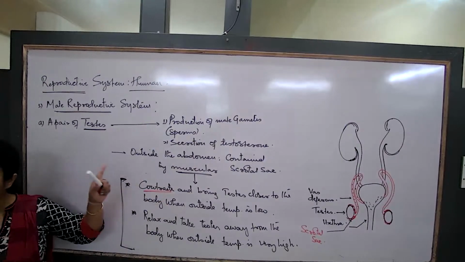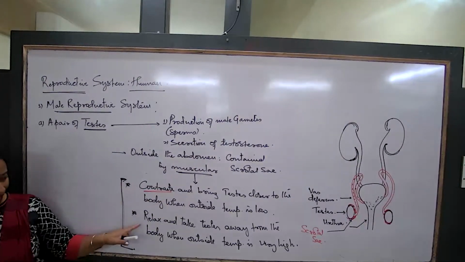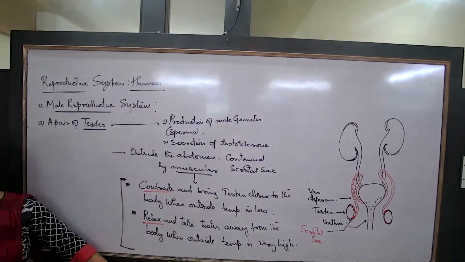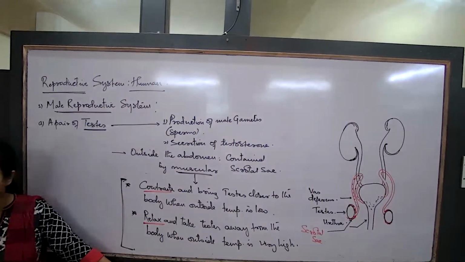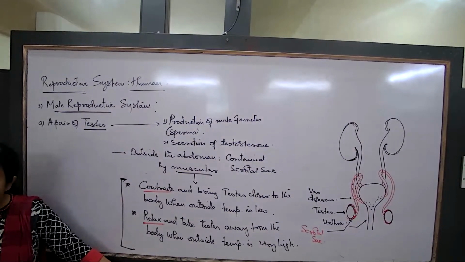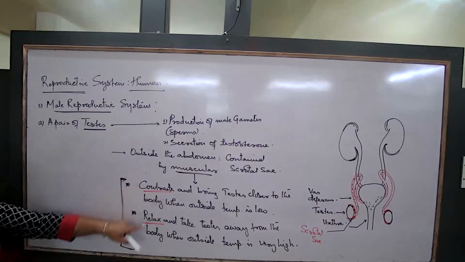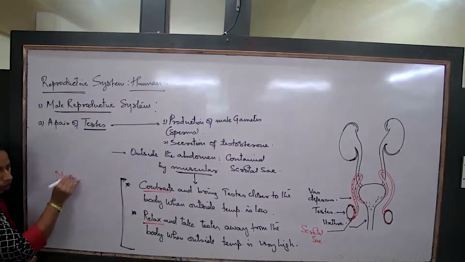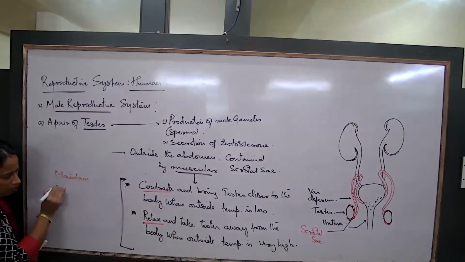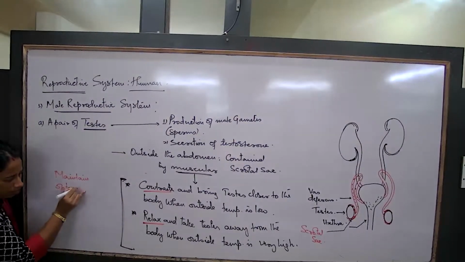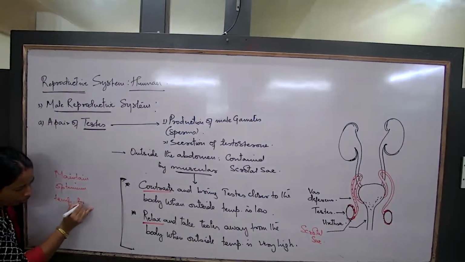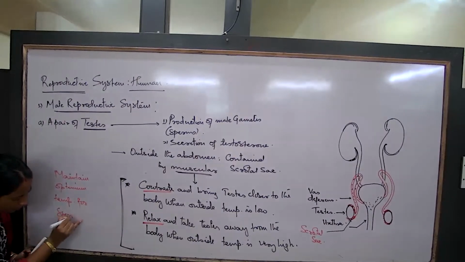Why? For optimum sperm production. Again, the other one. Relax, take the organ away from the body when the body is heating up or outside temperature very high. But ये दो processes क्यों होता है? To maintain the optimum temperature for sperm production.